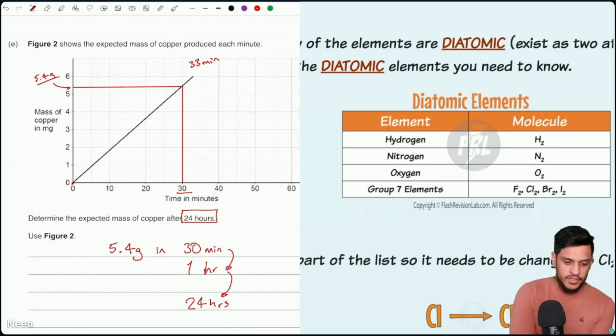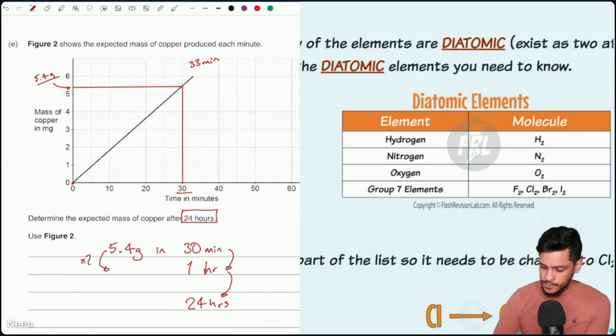So how do you get from 30 minutes to 1 hour? Double it. Yep. So first, 5.4 times by 2. Then to get 24 hours, times by 24.